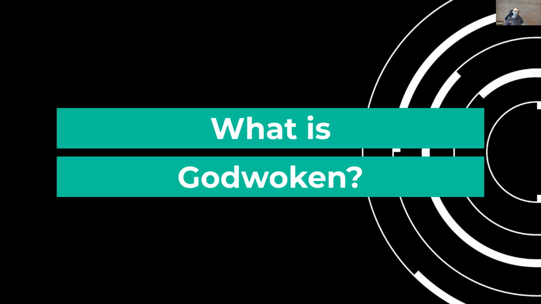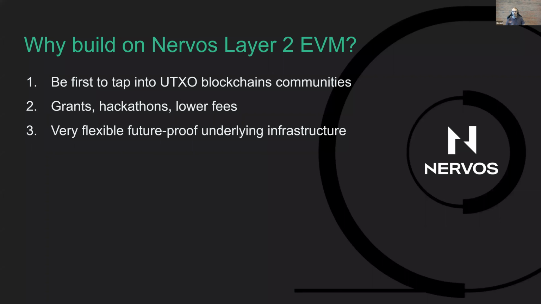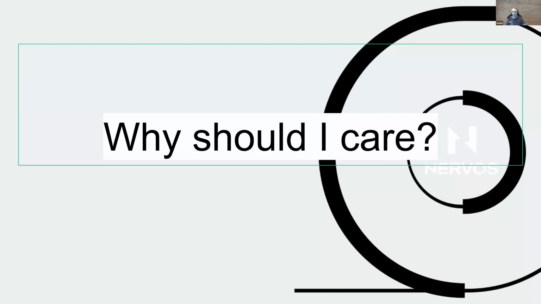Yeah, so actually, I think why people should care about Godwoken is, last year we had this big movement of UTXO blockchains that became really popular at some point. For UTXO blockchains, it's kind of hard to program on their layer ones, but still the community is huge. Why is it hard? Because you have a different programming model.